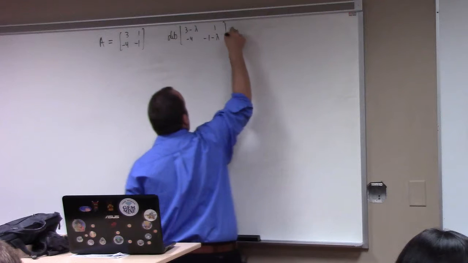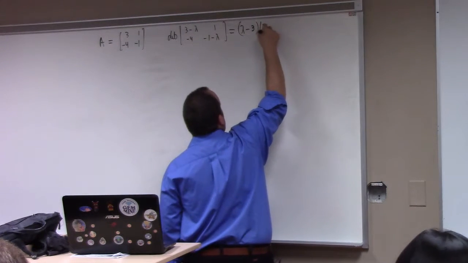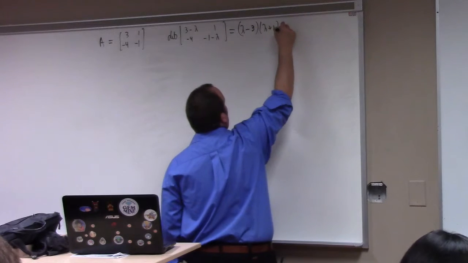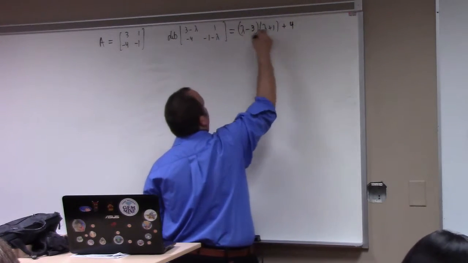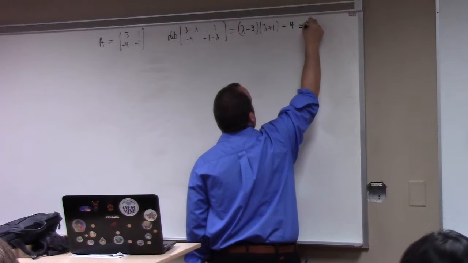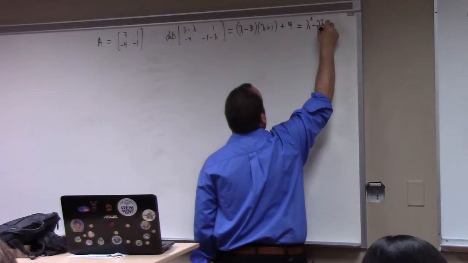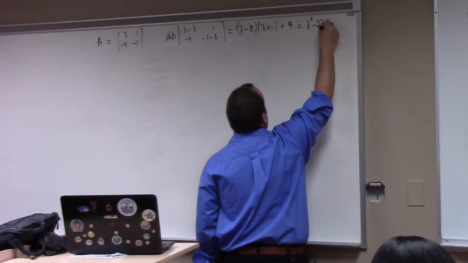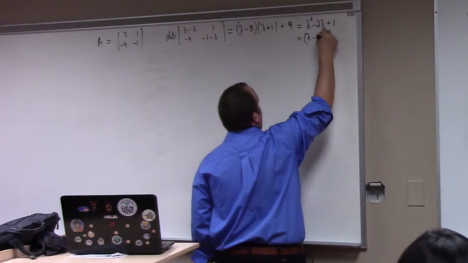What do we got? Lambda minus 3 times lambda plus 1 plus 4, which gives me lambda squared minus 2 lambda plus 1, also known as lambda minus 1 squared.